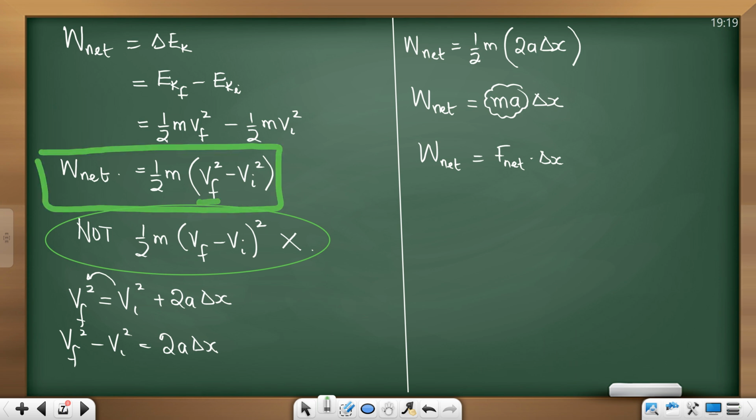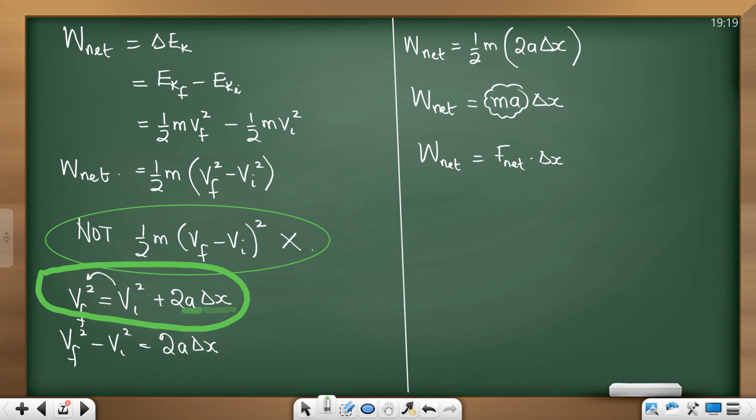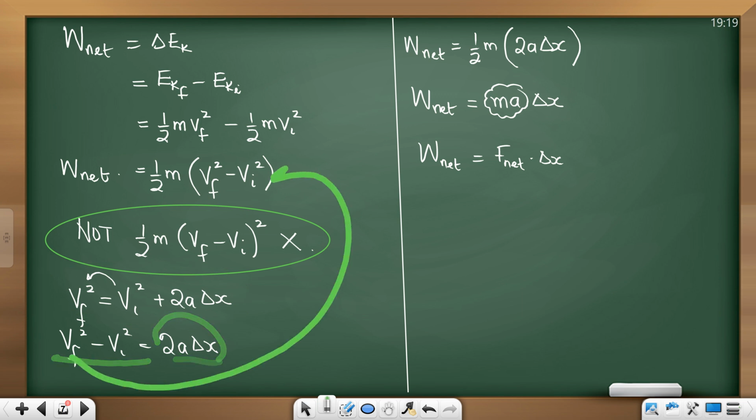This was not given and that was not given. What was given? Acceleration and displacement. Can you see that if I just use this equation, I'm done? Since I know my acceleration and my displacement, if I put it here, whatever I have here becomes this. And I can take this and put it there, and I get my work net.